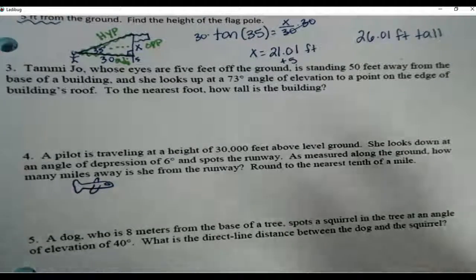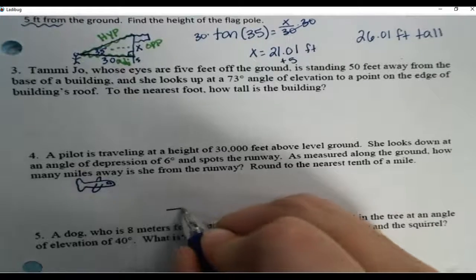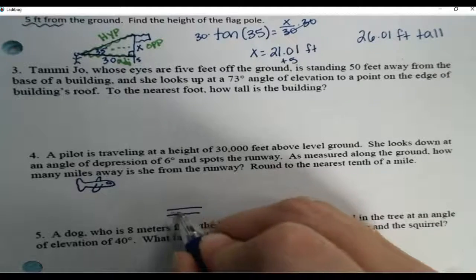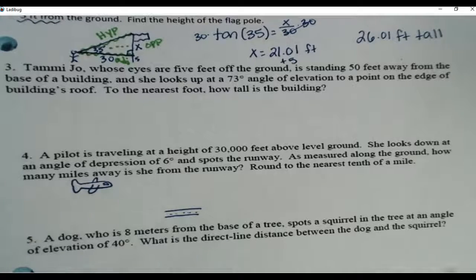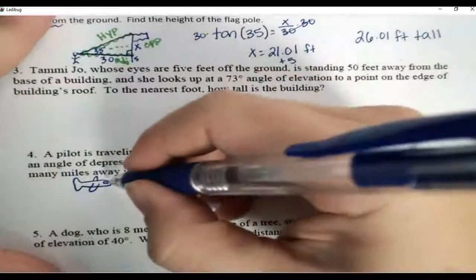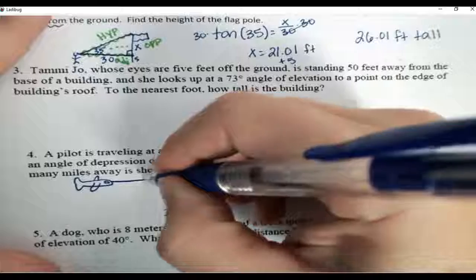Okay. And she's looking down and she sees the runway. Okay. So our first line is always her eye level. So if she's just looking straight out into the sky, this is her eye level.